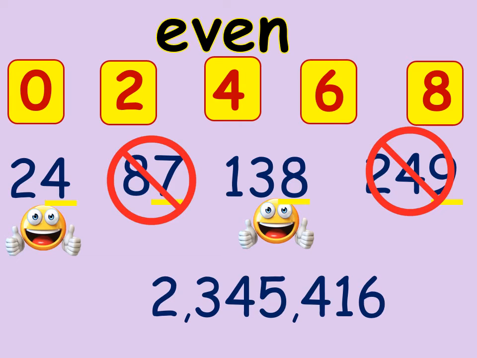No, neither do I. So what do we do? We look at the last digit, which is 6. That's right, it's even. So that means that whole big number is even. Isn't that easy? That's a great trick for finding out if a number is even.